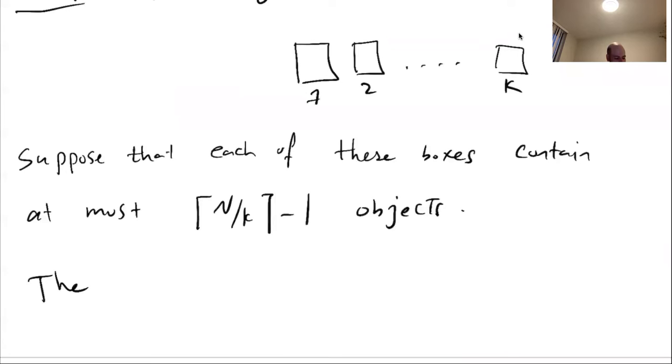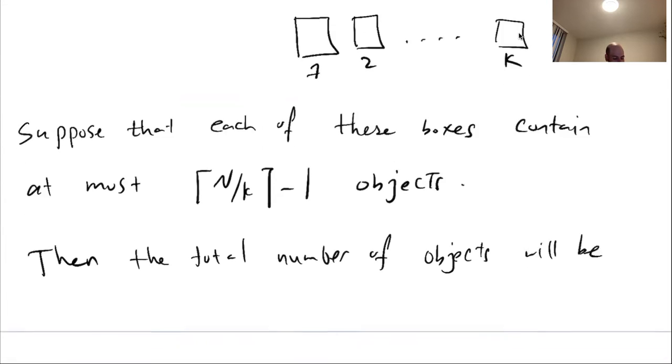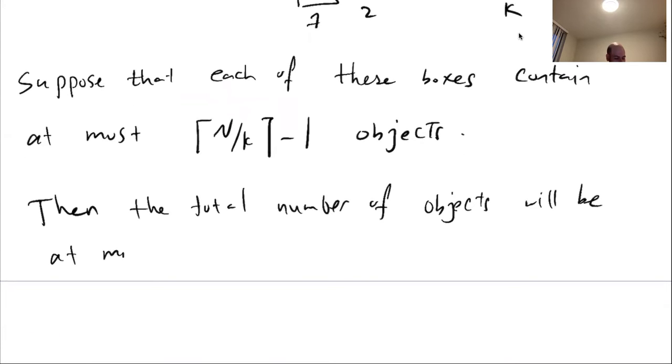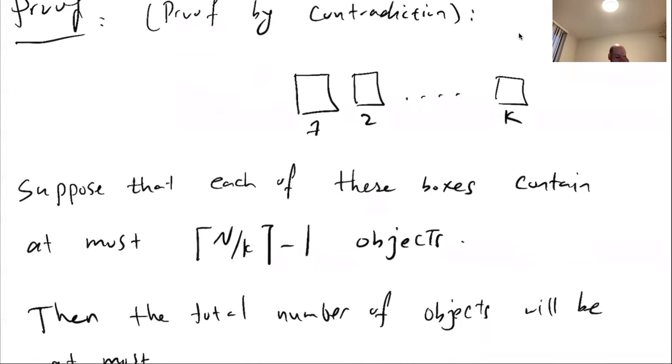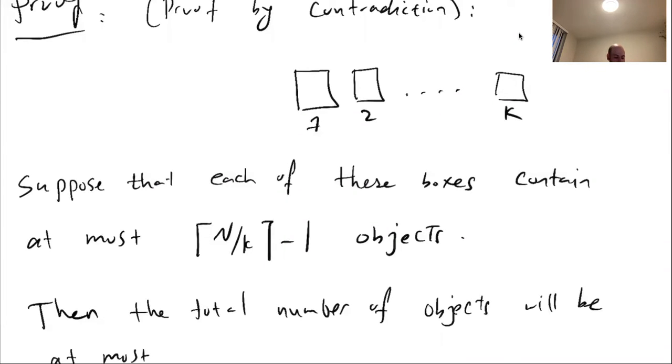So suppose that each of these boxes will contain at most this many objects, then the total number of objects will be at most, how much? Each of these k boxes contains at most L minus 1, or ceiling n over k minus 1 objects. Each of them.